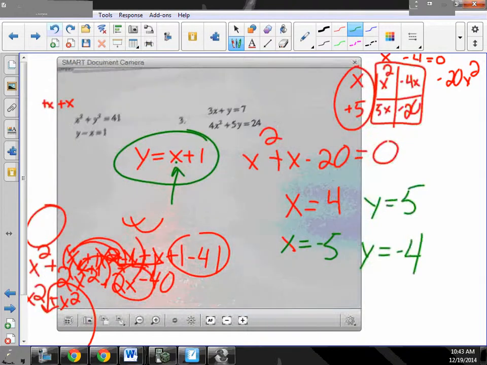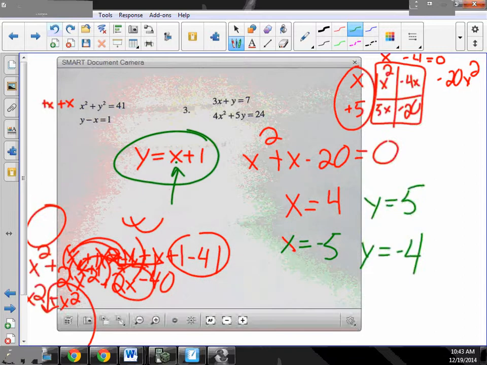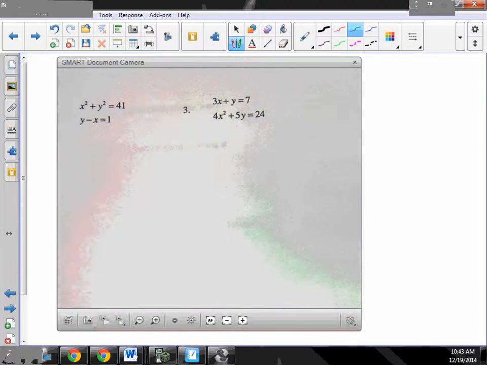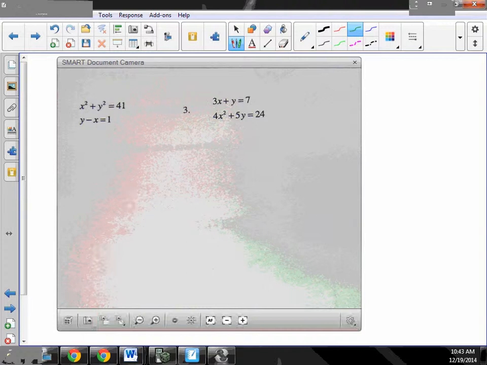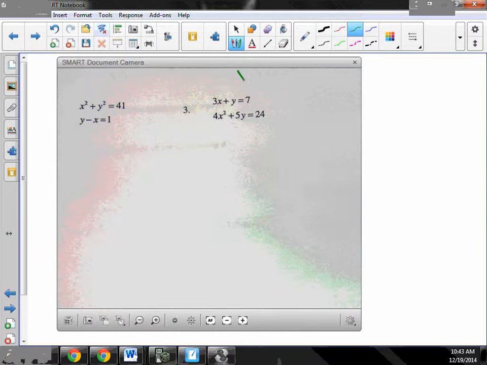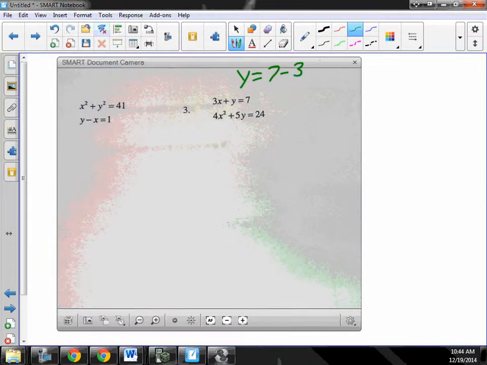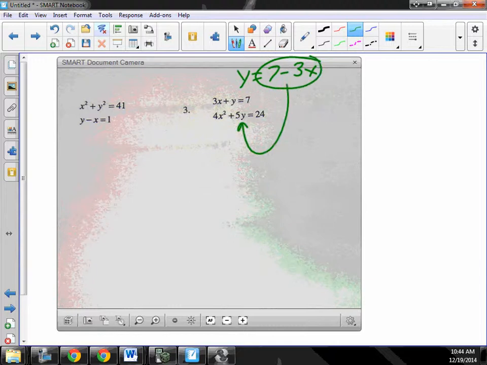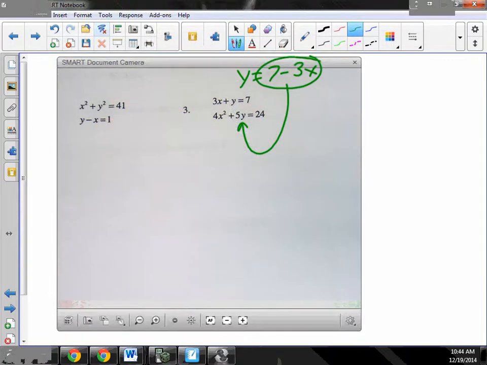Look at number 3. Which variable do you want to solve for in number 3? The y value in the top. So y equals 7 minus 3x. That's what you're going to plug in here. Okay? Take a look at number 4.